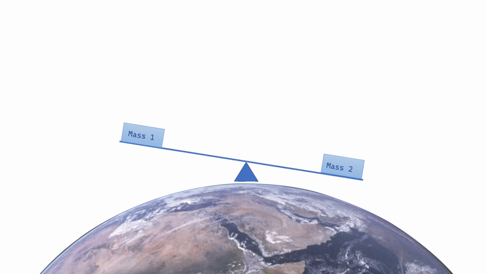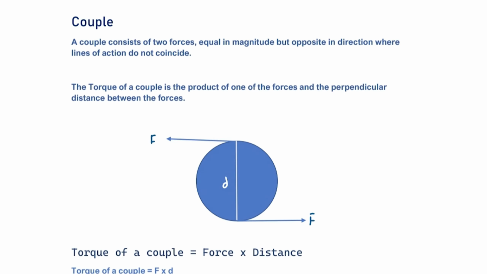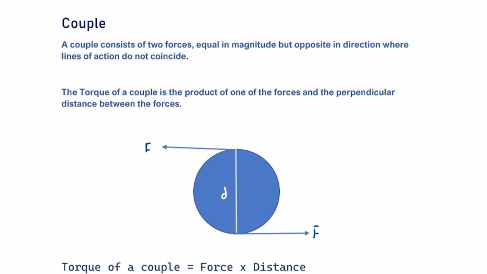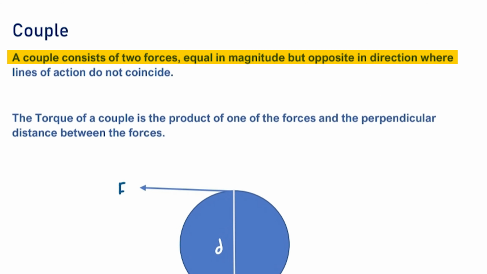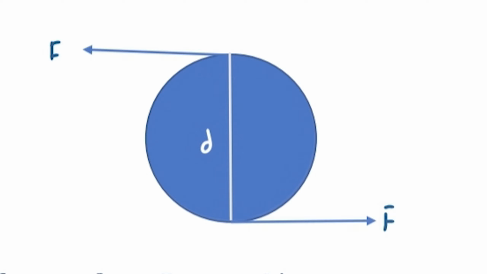Therefore, from this illustration, we can derive the formula that moment is equal to force multiplied by the distance from the pivot, whilst a couple consists of two forces equal in magnitude, meaning if the anti-clockwise force is 5 newtons, then the clockwise force will be 5 newtons.